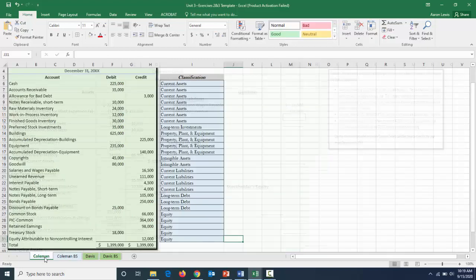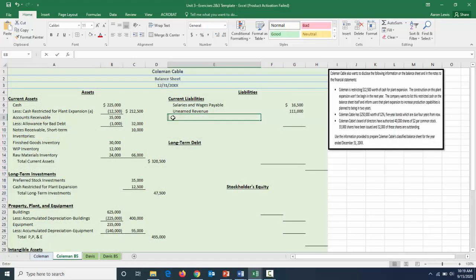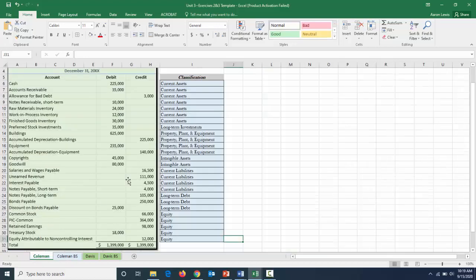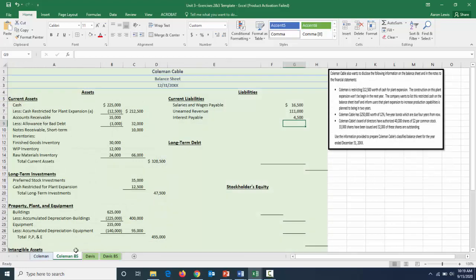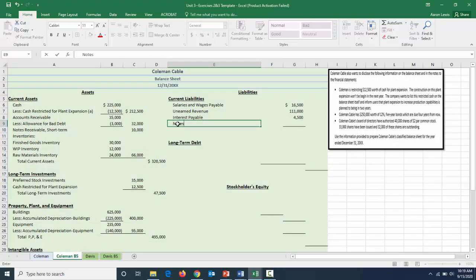After that, on our information, the next thing that we have is interest payable of $4,500. Well, let's throw that up in here. We have interest payable, which is for $4,500. And then our last current liability that we have listed here is our short-term notes payable. So that's got to go into current liabilities as well. And that is notes payable in the short term.